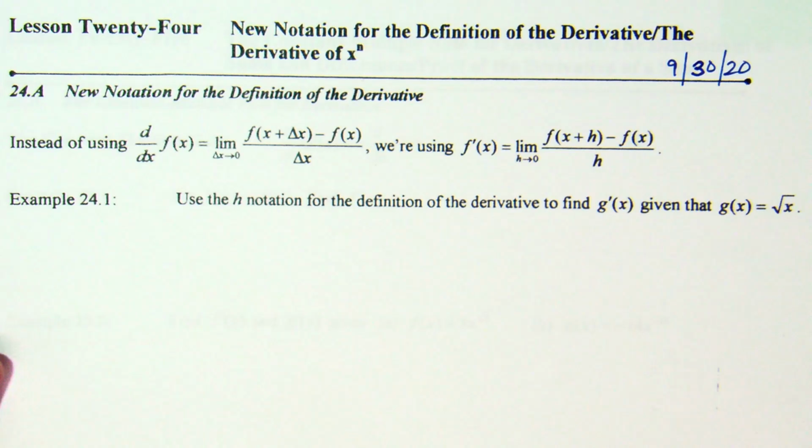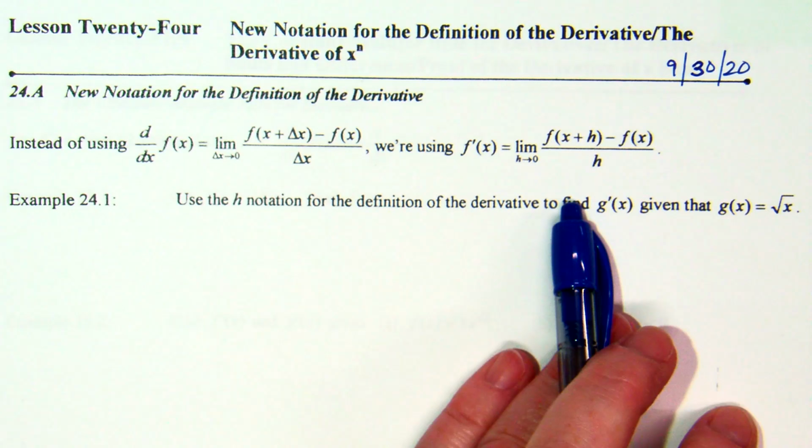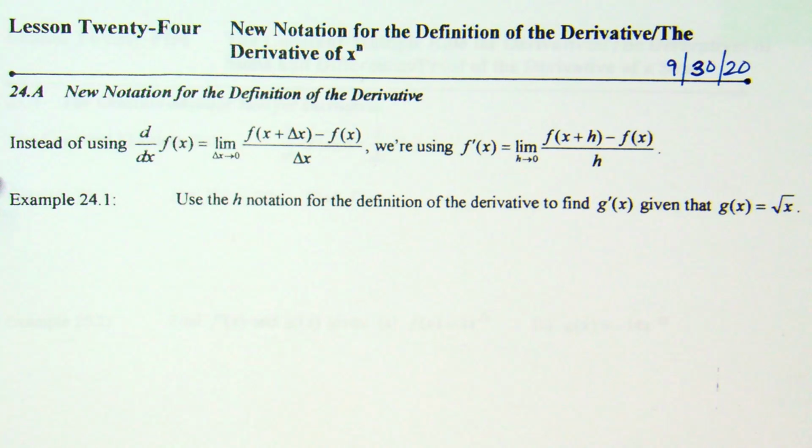In the homework, you've been seeing limits with f of x plus h, before we ever did definition of derivative. So this is just another way to see it. We're probably going to prefer h because it's easier to write than delta x.